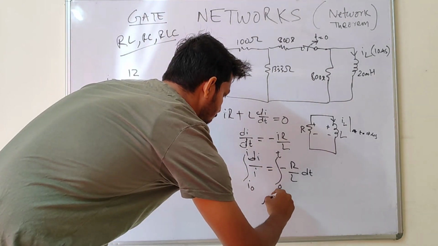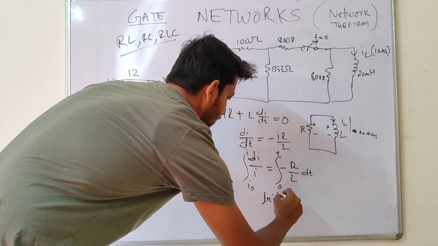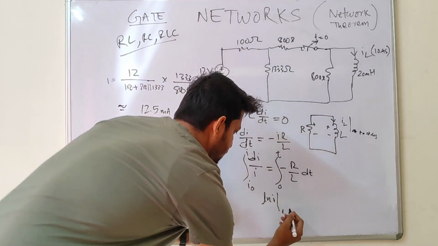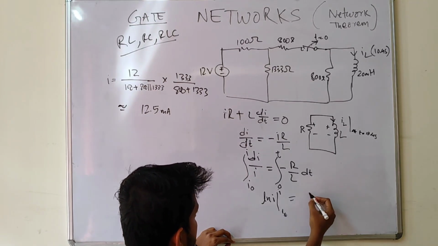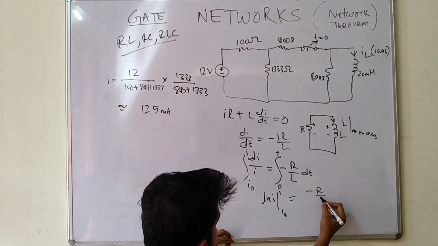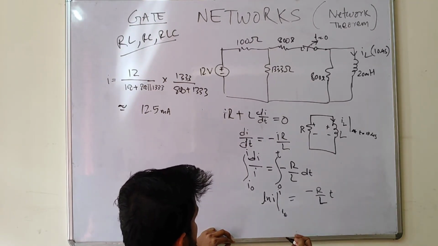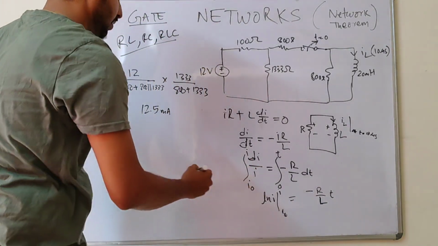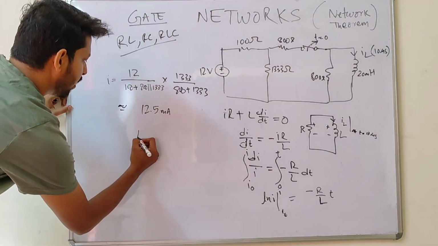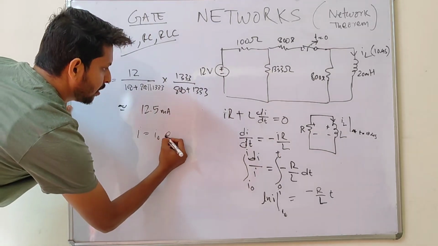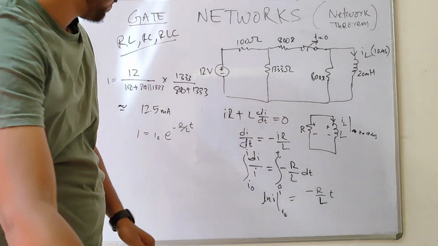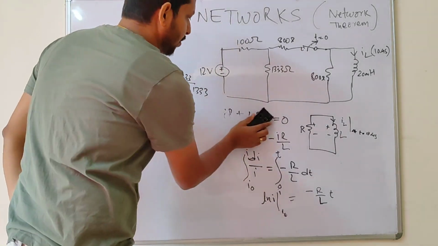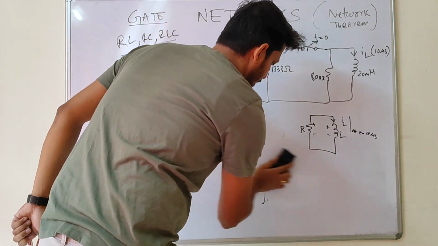So this is the integral of di by I, which is log of I over I0, equal to minus R by L t. Now if you solve this, you will get the equation I is equal to I0 e to the power minus R by L t. Okay, so the derivation is done.